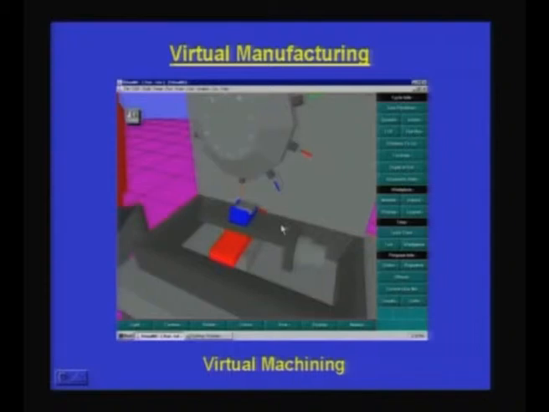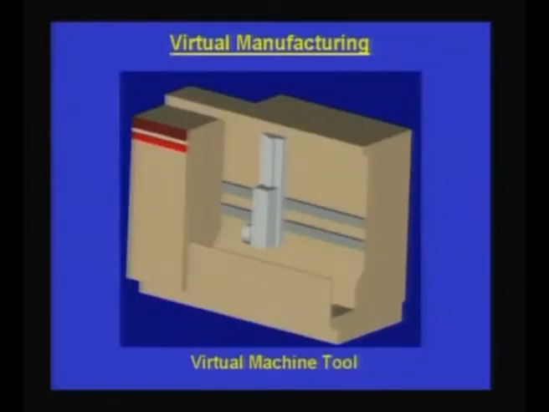So, I am able to predict a few problems which are likely to happen when I go for actual machining. Here is a model of a machine tool. A virtual machining system also allows you to build your own machine tool, giving the same dimensions, same configuration and same kinematics as your machine tool.